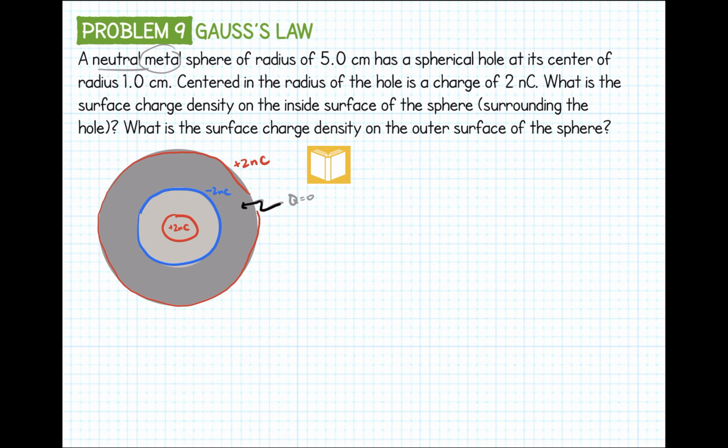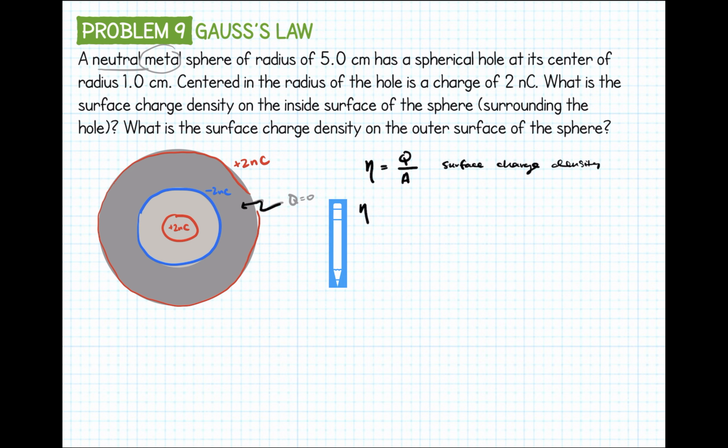Okay, so in order to calculate the surface charge densities, and this is important because we're calculating surface charge densities, remember we know that surface charge density is Q, total charge, over total area. That's just the definition of surface charge density.